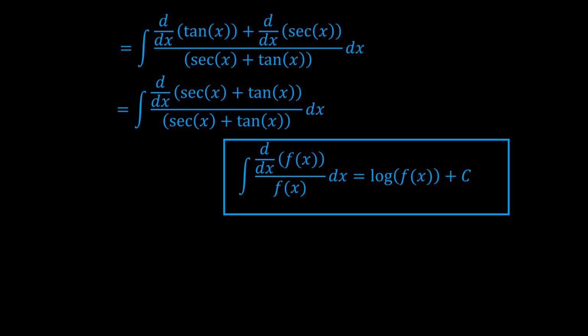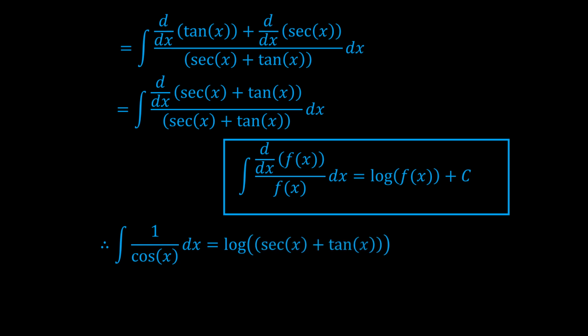So from here, our f(x) happens to be secant x plus tangent x, and that means that our integral of 1 over cosine x is the natural logarithm of, in brackets, secant x plus tangent x, and then obviously plus the integration constant. And this is our answer, ladies and gentlemen.